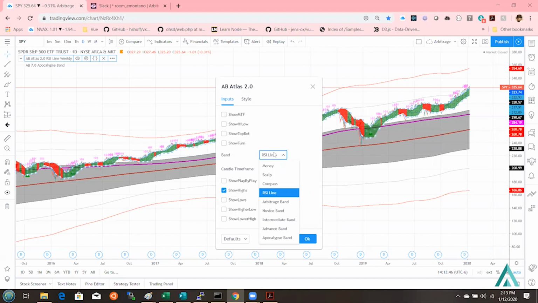So now I'm going to put it into best practices. If I am using the Apocalypse band, which is this biggest band that we have here, I will always set my Atlas to be 1 above that, so I have foreshadowing for when the trend is in.